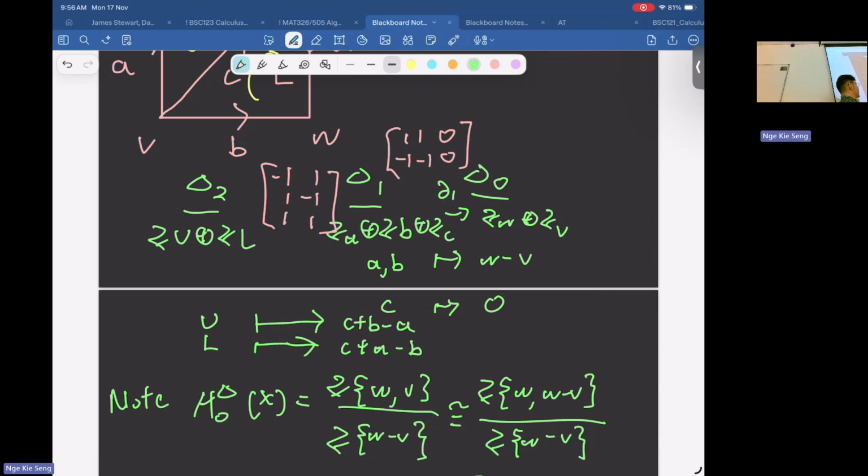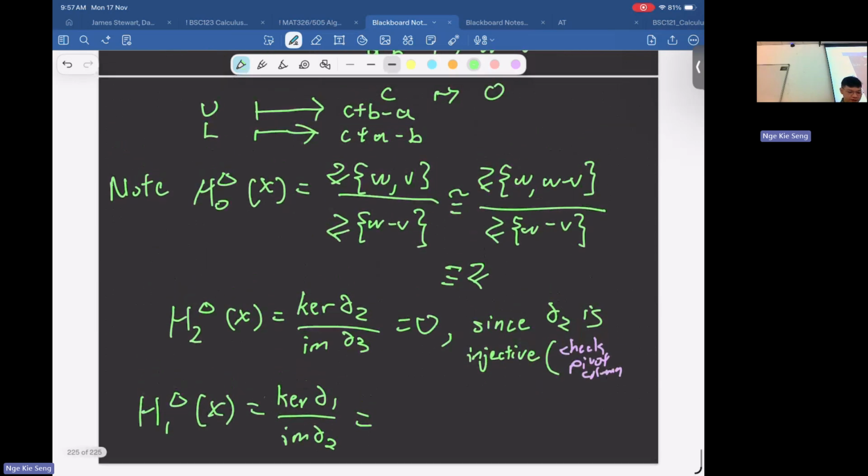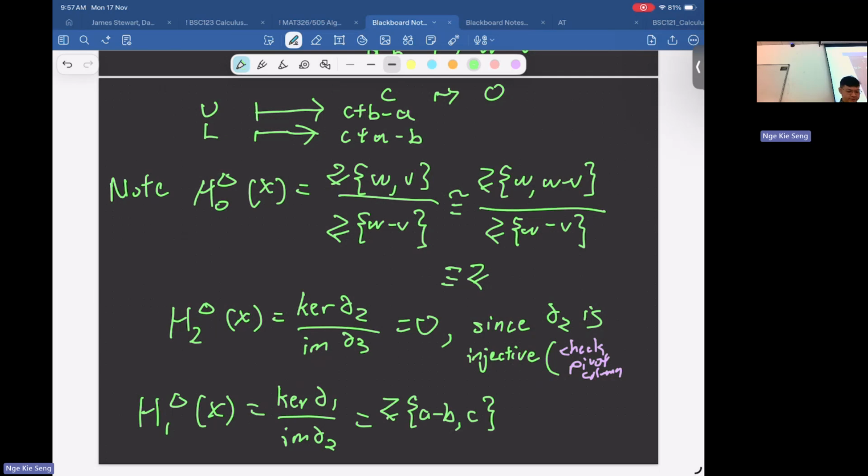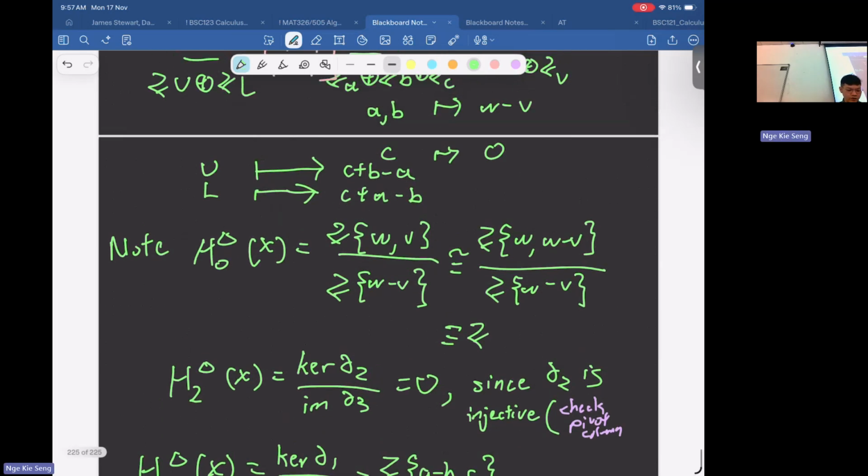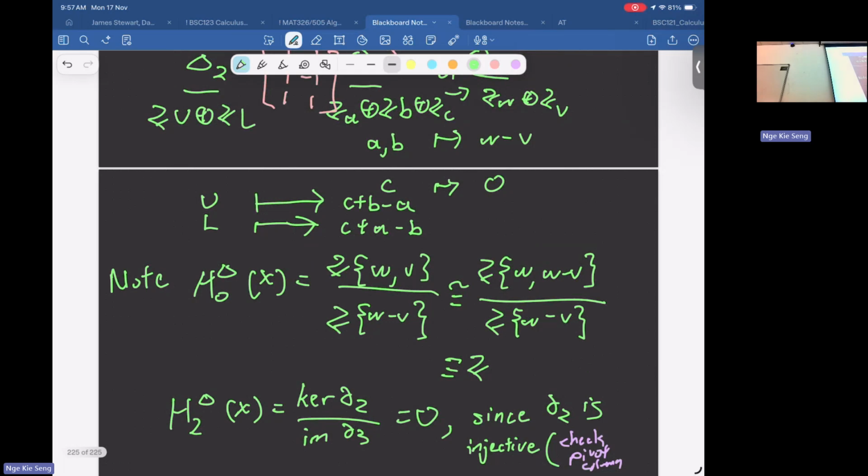And then you have a 2-dimensional null space. So what are they? If you write them out first, I guess you will see A minus B and C. A minus B and C is one of them because you just try and play, and then you will see that these two are living in the kernel, and they are linearly independent of each other.